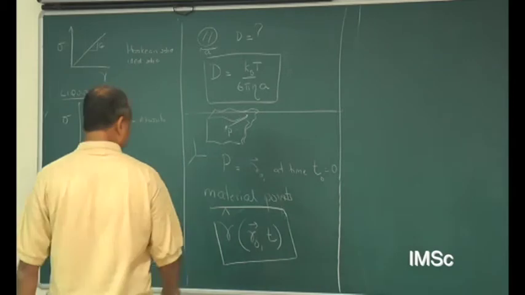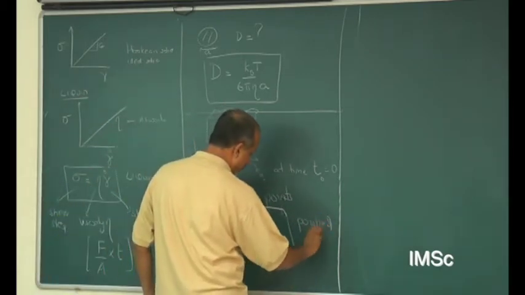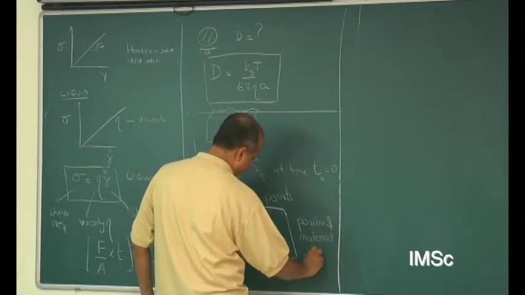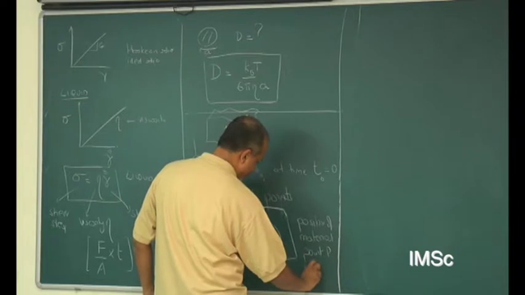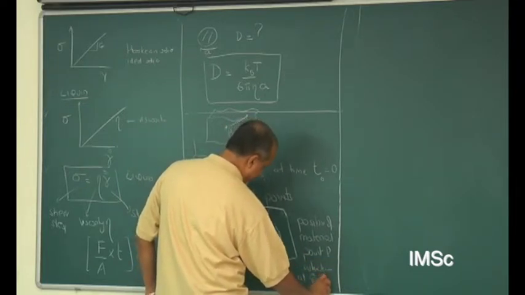Okay. So this is the position of material point P which was at R0 at time t equal to 0.